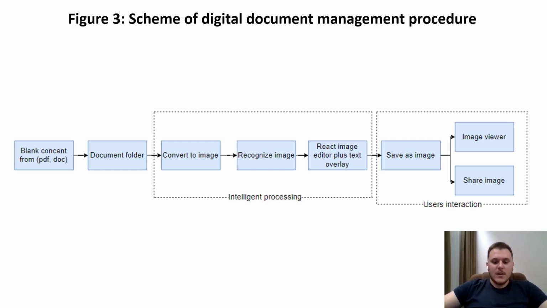After the document is converted into an image, a React-based image editor is used to overlay text on the image. The visual representation of the document with text overlay is then saved as a separate image.